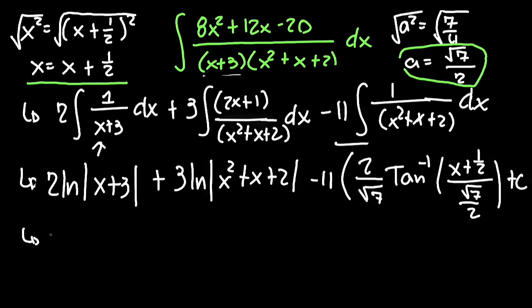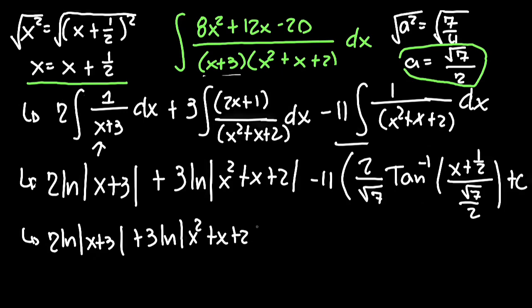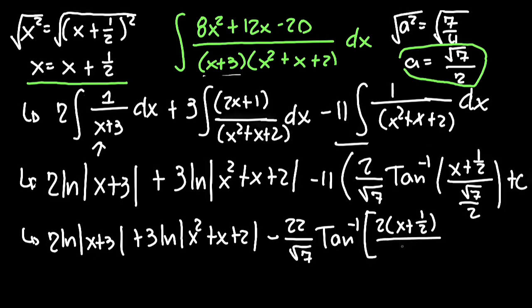And so our final answer would be 2 natural log of x plus 3 plus 3 natural log of x squared plus x plus 2 minus 11 multiplied by 2, which is equal to negative 22, all over square root of 7 multiplied by the inverse tangent of x plus 1/2, or we can actually put 2 on the numerator, which makes this 2 multiplied by x plus 1/2 over square root of 7.